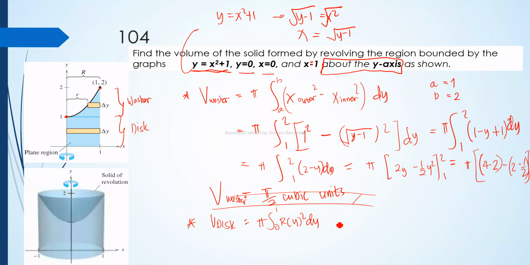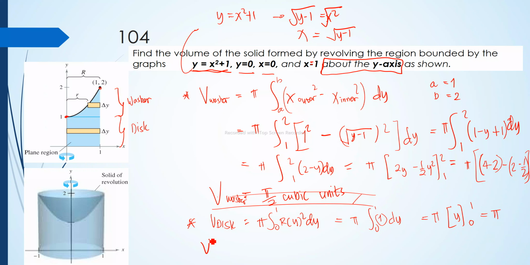The radius is constant, that is just equal to 1, dy from 0 to 1, is equal to pi times y evaluated from 0 to 1, or just equal to pi.